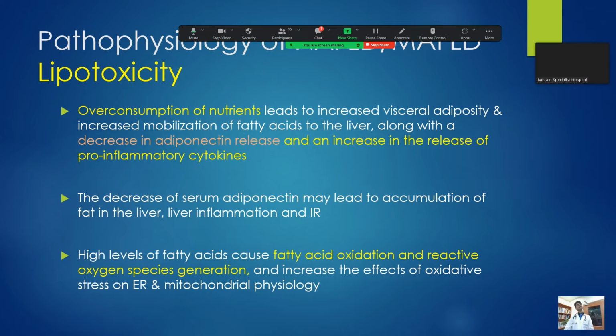If it is reduced, it increases the possibility of pro-inflammatory cytokines, which cause a high CRP and lead towards NASH. Similarly, it results in fatty liver, steatohepatitis, and insulin resistance as well. This accumulation of free fatty acids usually results in fatty acid oxidation and reactive oxygen species, which can lead to damage of the endoplasmic reticulum and mitochondrial pathways, ultimately resulting in NAFLD progressing to NASH and subsequent fibrosis and others.